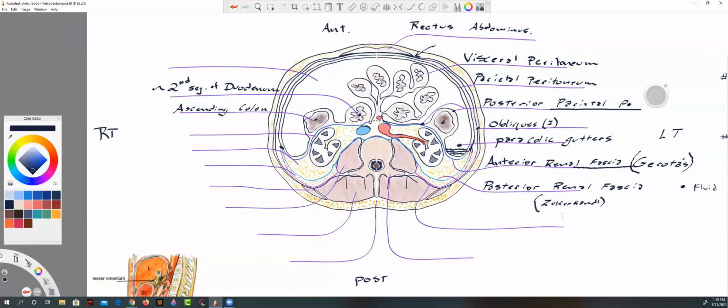Or Zuckerkandl's fascia. Most people, I've never even heard of it before. So technically it's Zuckerkandl. Most people just call both fascias, anterior and posterior, Gerota's fascia. Or if you want to play it safe, just call it anterior and posterior fascia. And then you definitely won't be wrong.